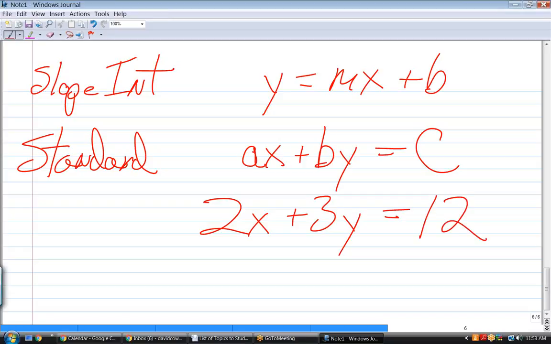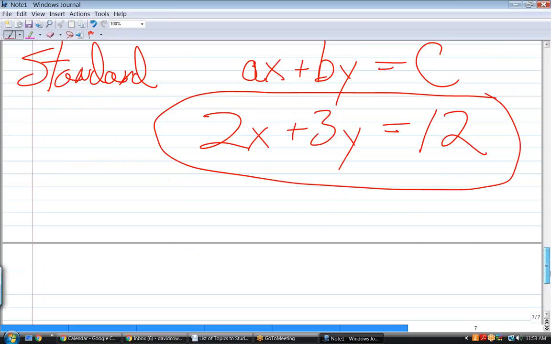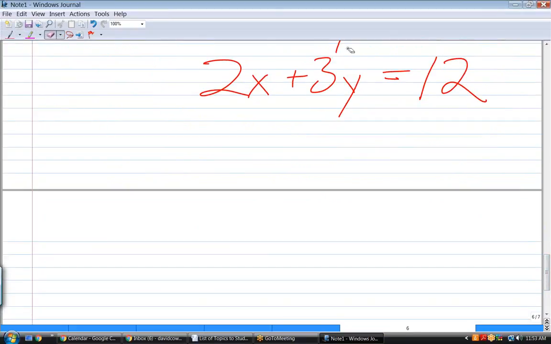Which is what we were doing yesterday. Now, if I said graph that, what would you do? Well, first you have to get it into y equals mx plus b format. Well, it turns out there's a significantly easier way to graph it when it's in standard form. And it's worth telling you about.